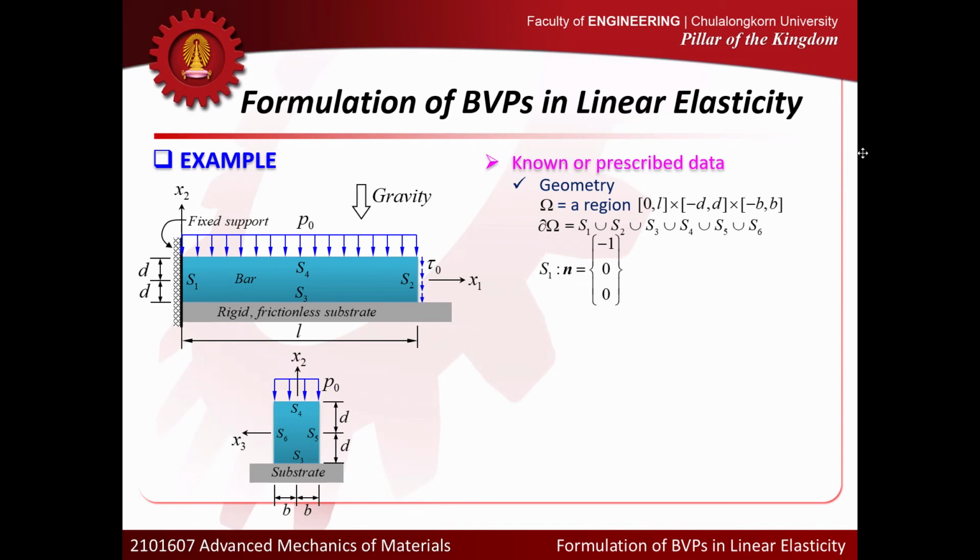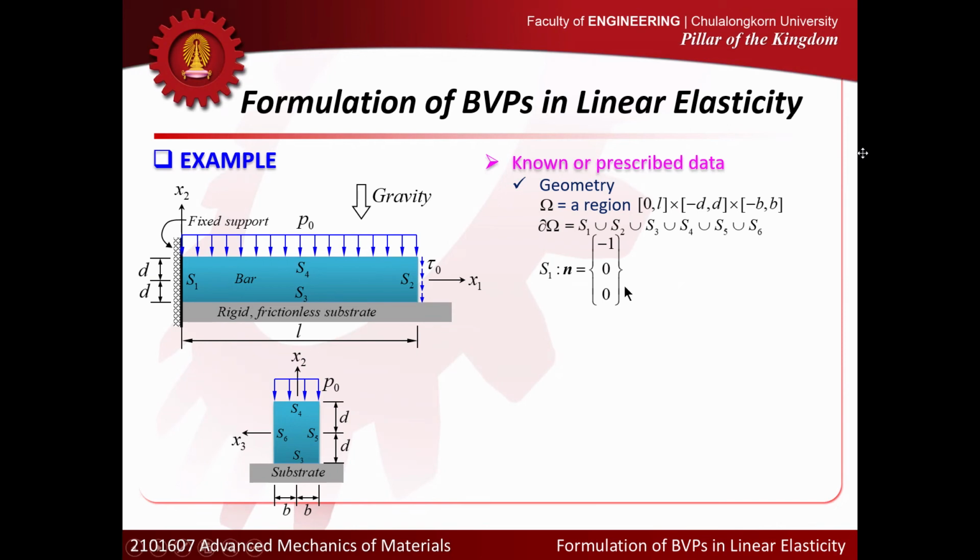We also know information based on the geometry. We know the unit normal vector on each subsurface. On the surface S1, the outward unit normal vector is simply -1, 0, 0.